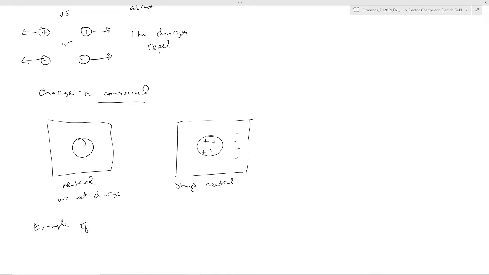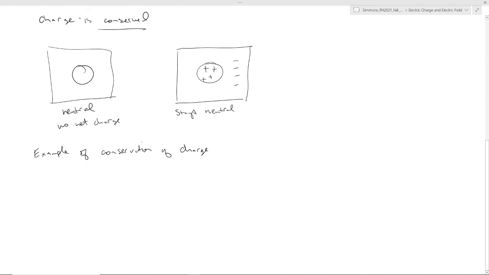You are just moving the charge. Probably the most common example is you have some negative ion because you've taken an atom and you've removed an electron from it.